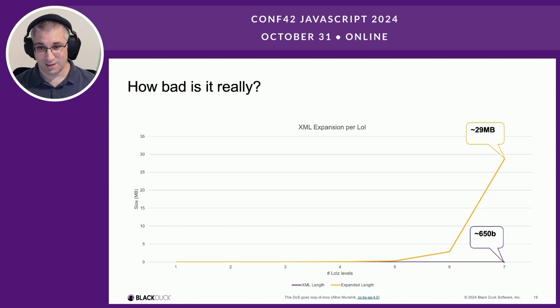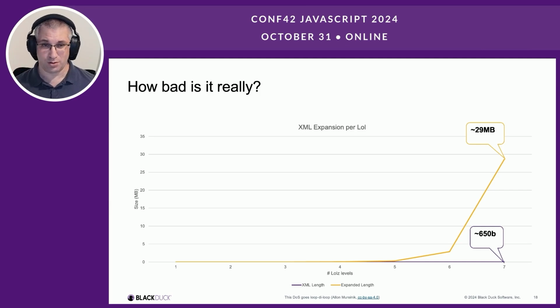And we can see the discrepancy here really quickly. Okay, up to 4 lol levels, it's really small, nobody really cares. 6, it starts kicking up. With 7 levels, you still have a teeny tiny textual XML. It's just 650 bytes, not even a kilobyte. But this expands in memory to about 30 megs.